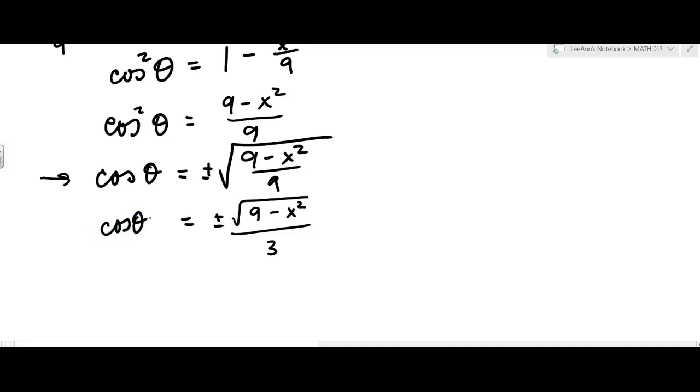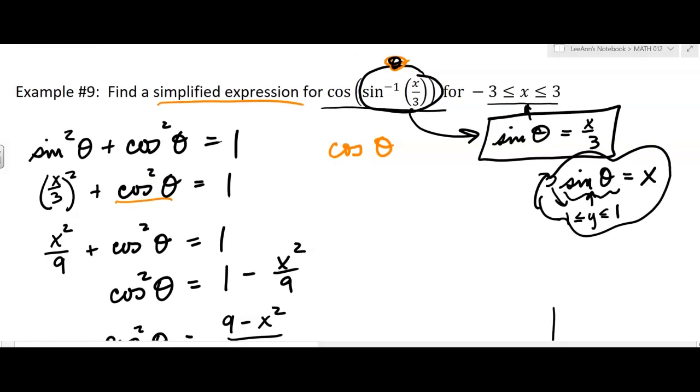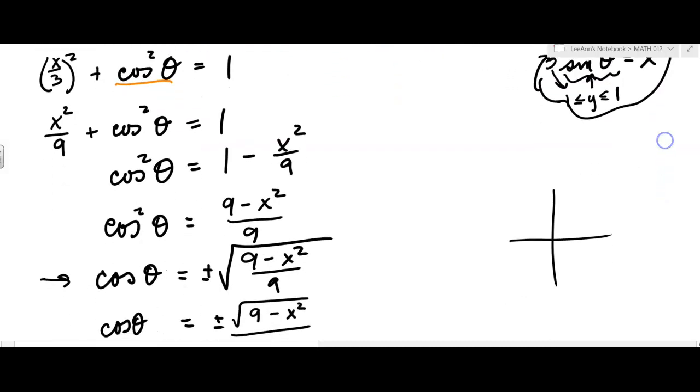Now remember, for inverse sine, let me scroll back. This was up here when we said the inverse sine of x over 3 is equal to theta. That means theta has to be in either the first or the fourth quadrant.